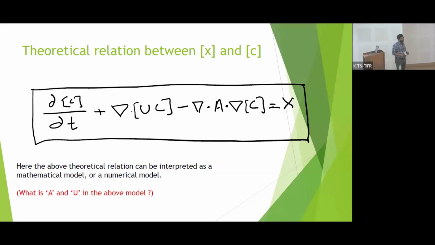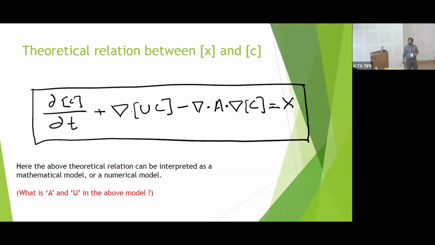For any data assimilation, you need a model which connects your estimator to the observation, and this is that estimator-observation connection. So the above example is a theoretical relation that can be interpreted as a mathematical model or a numerical model. Can you tell what is A and U in this, just as a learning purpose?